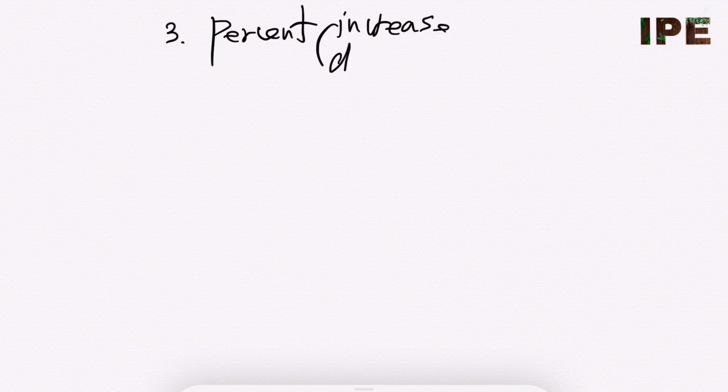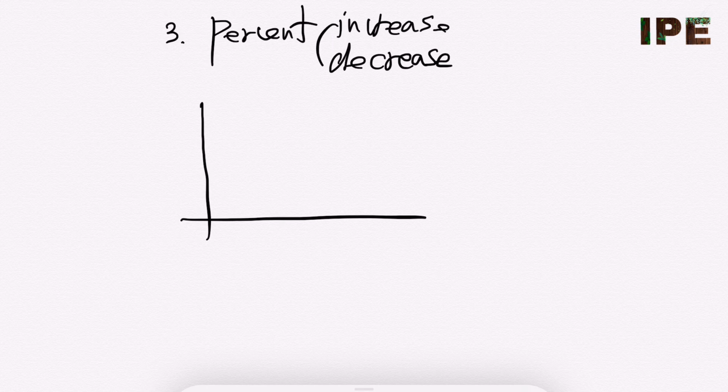Okay, the third type is the last type I want to introduce today. It's a percent increase or percent decrease problem. A table or graph is usually given for this problem. It is 2010, this is 2015.